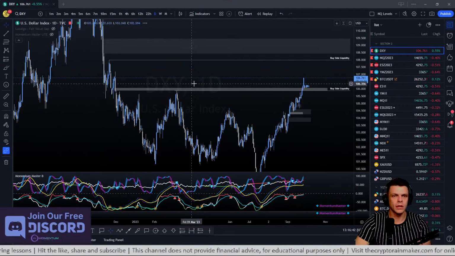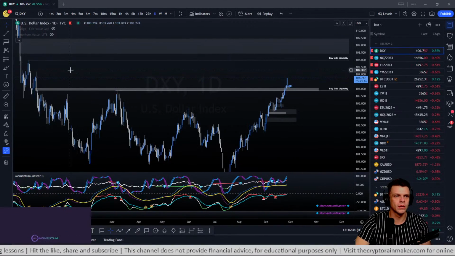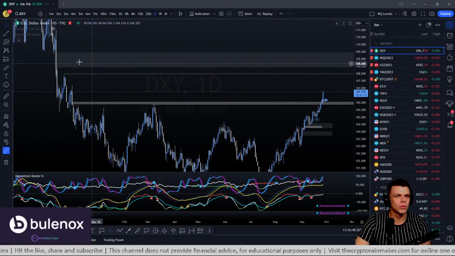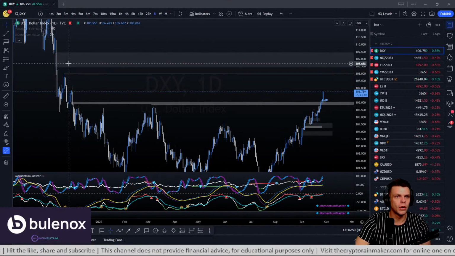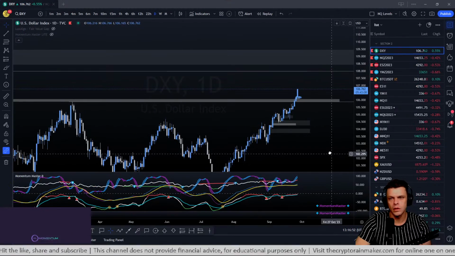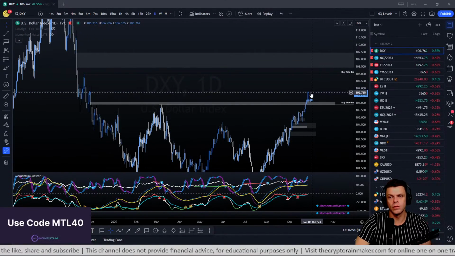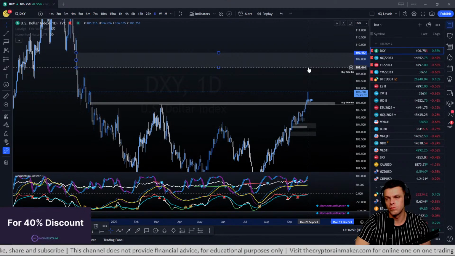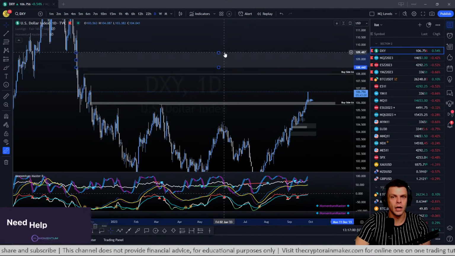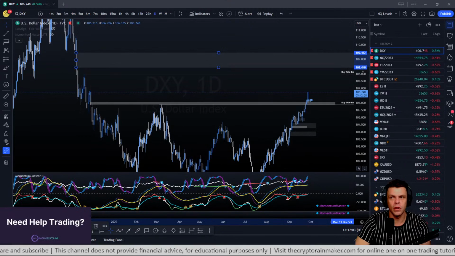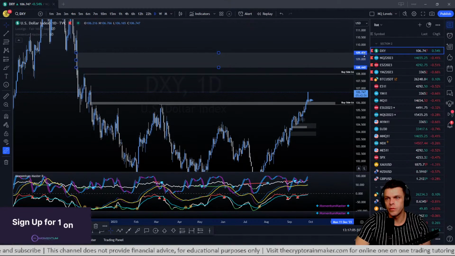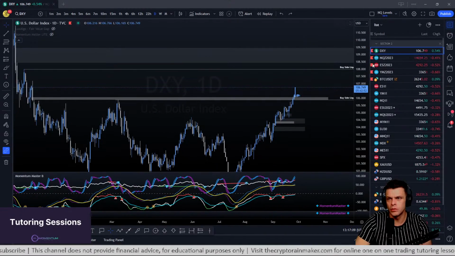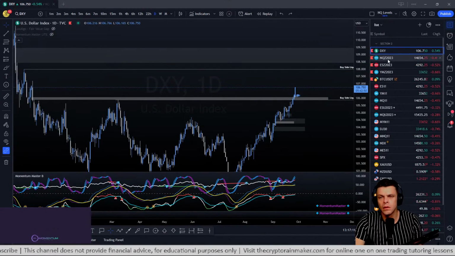So it seems clear that the dollar index is drawing to either this high or that high. And then we also have the fair value gap on the daily that has been untouched. So this seems likely that it could go all the way to 108.444. The upper end of the fair value gap is at 109.452. So this is obviously not bullish for the risk on assets.